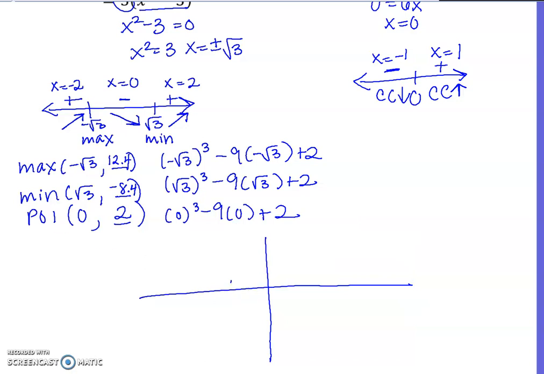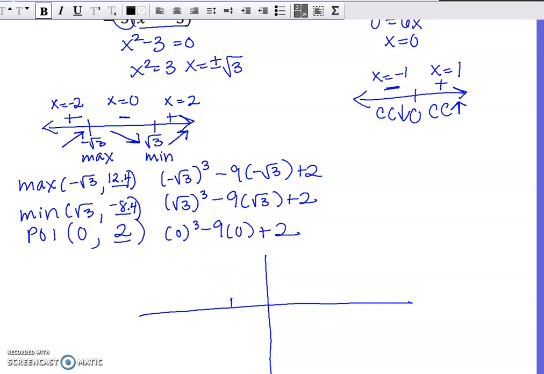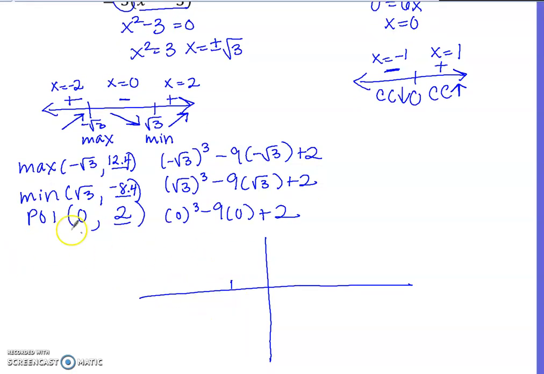Okay, so let me put these points on the graph. So -√3, I'm going to say is about up here. So remember, every point we label what it is and what the point is. So that's a max.